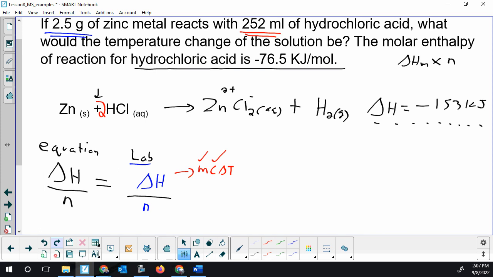And we'll have to think about what moles we're going to want. We're going to want the moles of the limiting reagent for this reaction. And that's going to be our zinc. We're not even told the concentration of hydrochloric acid. We know the volume. We don't know how many moles of this is. I'm going to assume that this is my limiting reagent.